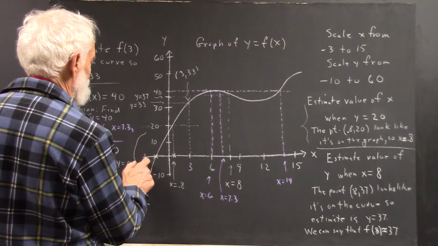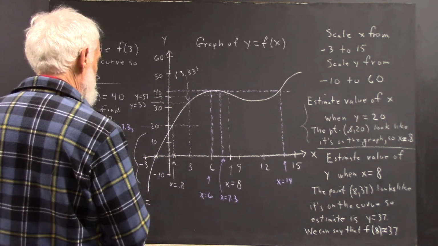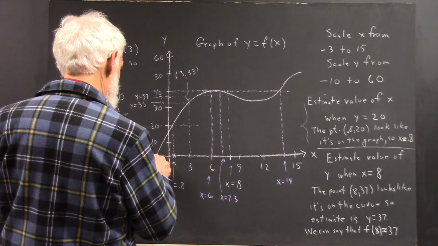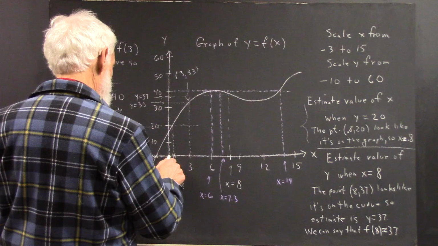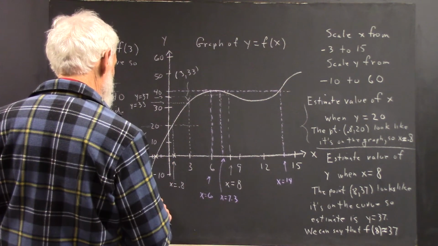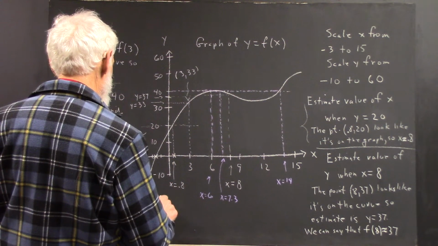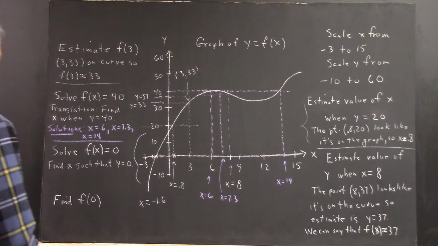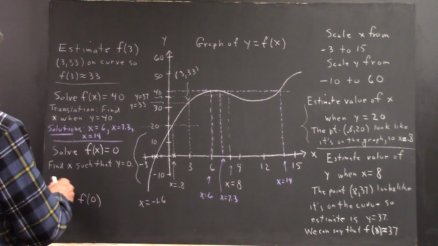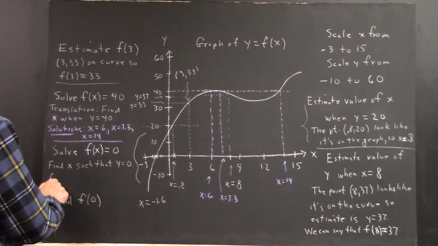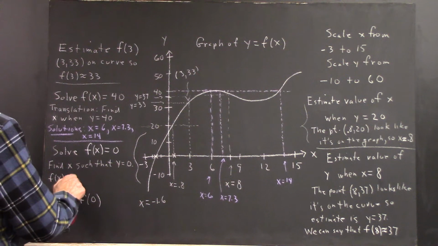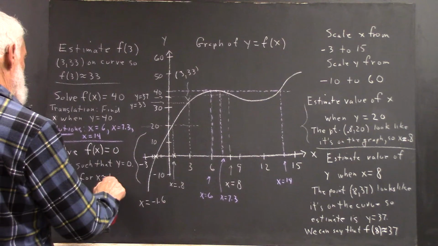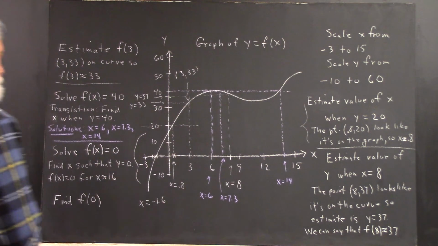Well, it's between -2 and -1. If I wanted to honestly subdivide this interval, I would say that looks like about -1.6. So we're going to say x is approximately equal to -1.6.